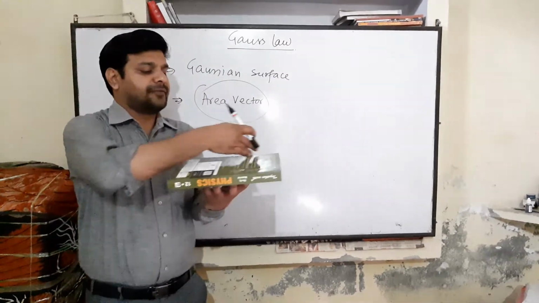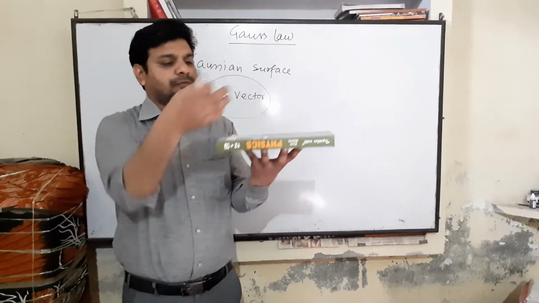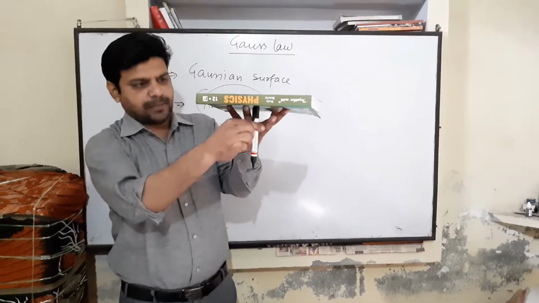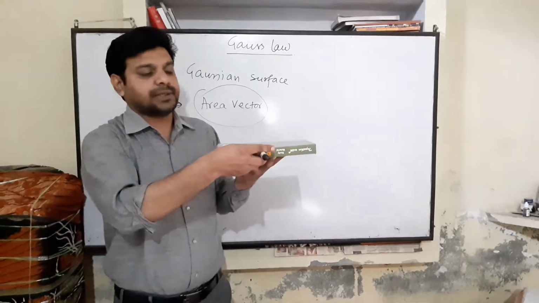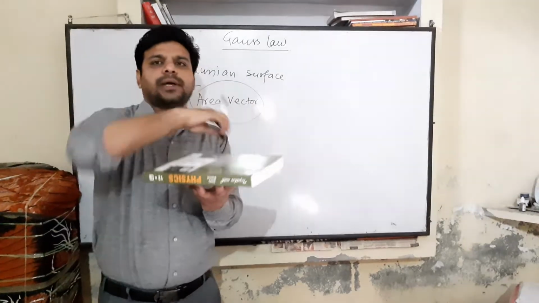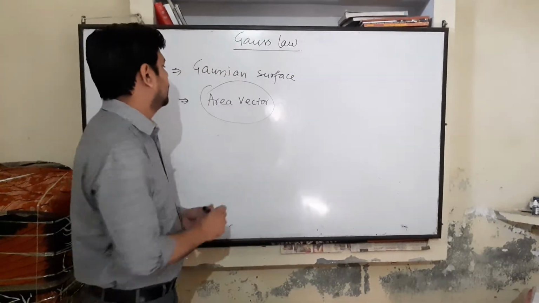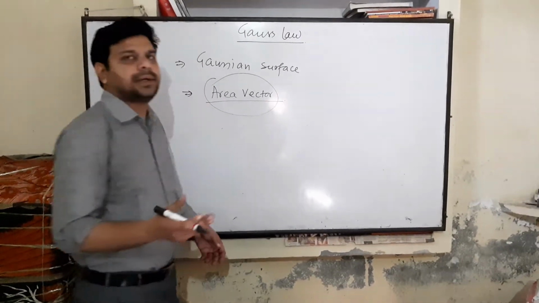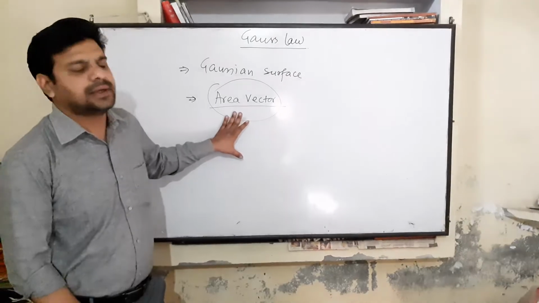Then for this surface, the area vector will be like this. For this surface, the area vector will be like this. For this surface, like this, and for this here. This is the area vector. It is a vector quantity. It tells the direction of a given surface.